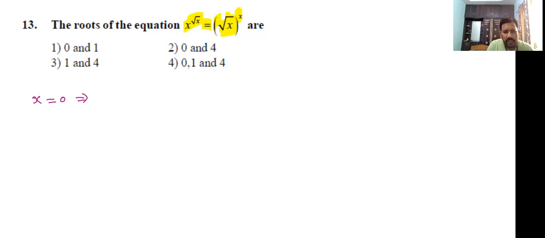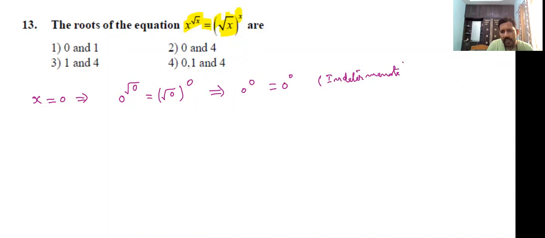Now 0 power root 0 is equal to root 0 whole power 0. Here we are getting 0 power 0, which is an indeterminate form. Already we know that in limits. So this is not a root.